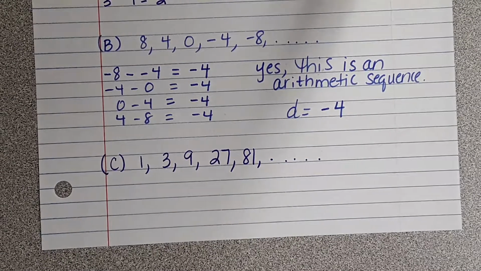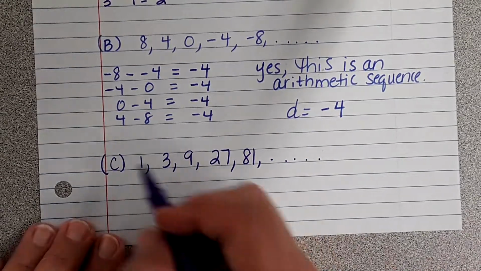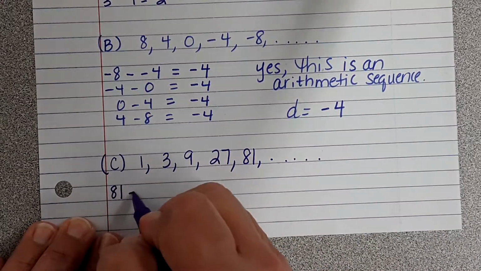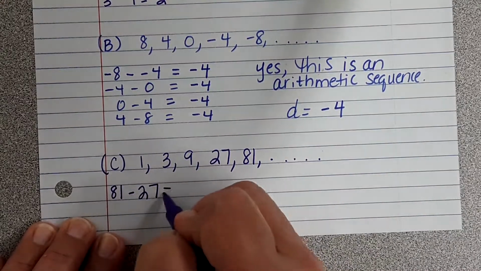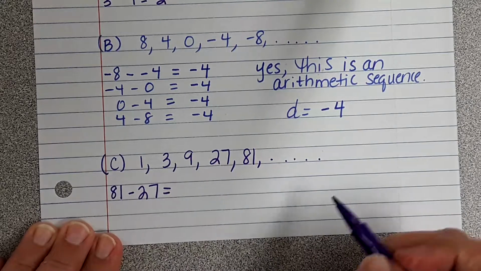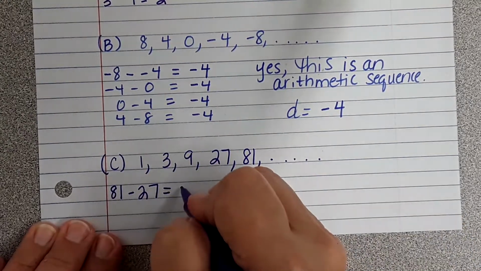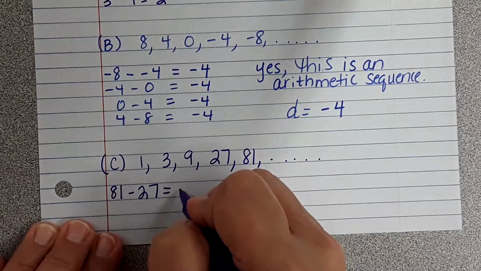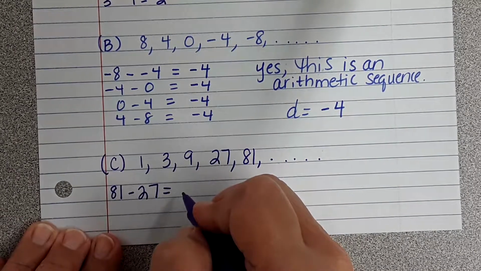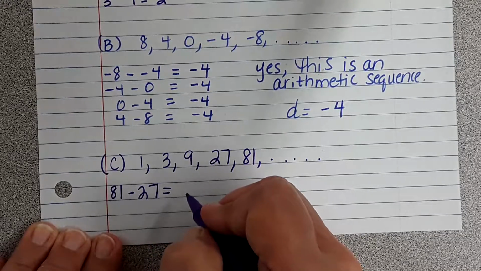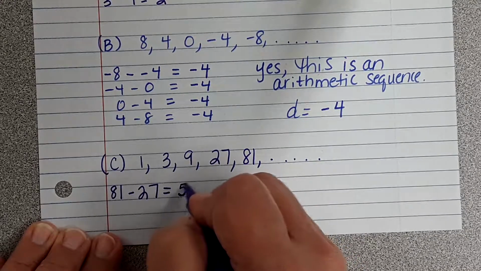So what am I going to start with? 81 minus 27, which is, do you guys do it on your calculator? It is 54. Okay.